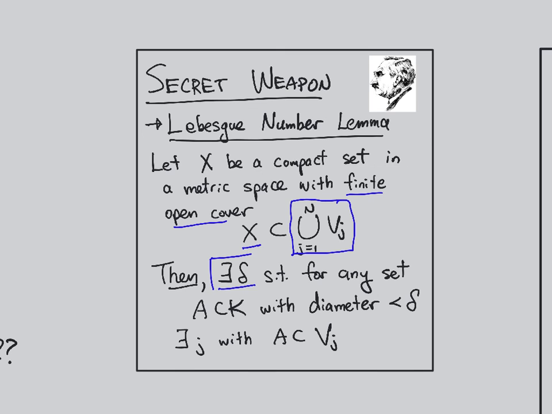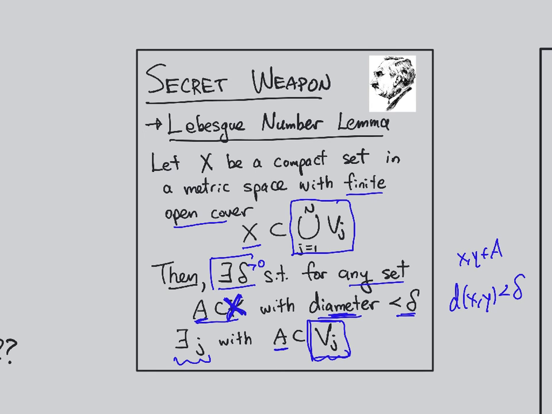Then there exists a positive number delta such that for any set A inside our compact set X with diameter less than delta, so that would mean that for any 2 points in A, the distance between them is less than delta, you can fit the set completely inside one of the sets in the open cover. So there exists a J such that A is contained in Vj.